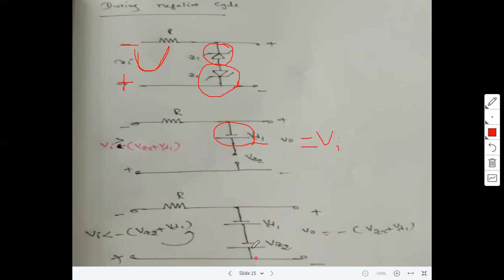When it enters into the breakdown region on the negative side, remember here, this is plus minus and again this is plus minus, but output is taken this is plus, this is minus. That's why output is equal to minus of Vz2 plus V gamma 1. Right? Now output is limited to minus of Vz2 plus V gamma 1.